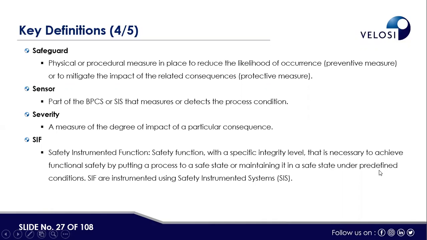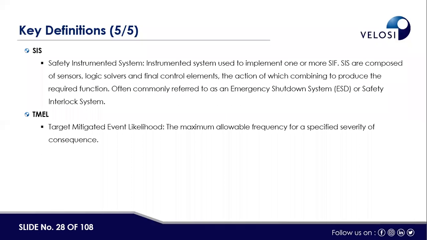SIFs are implemented using safety instrumented systems. So I covered SIS also, the safety instrumented system, which we can sometimes call a SIF or SIS. Those are correlated, and a complete ESD system can be called a SIS.